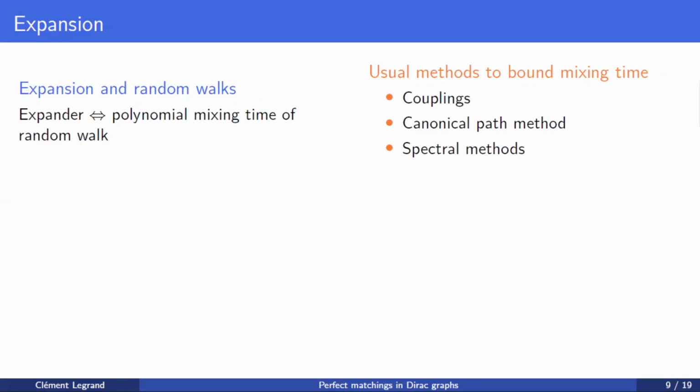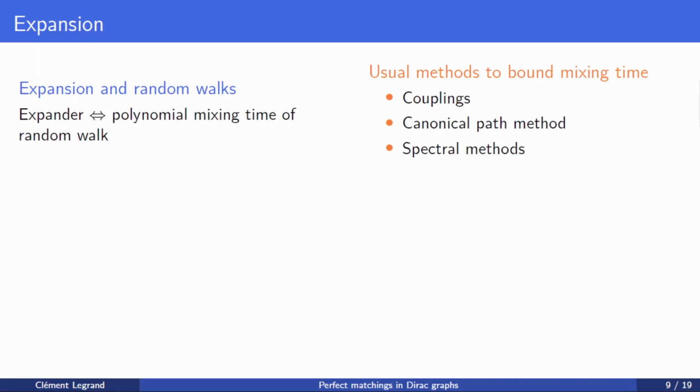Another way of thinking about expansion is to think about random walks. So this equivalence here, it's not a complete super clean equivalence, because when you're going from one side to the other, you sometimes take a log n factor. But basically expanders are graphs on which random walks are efficient.